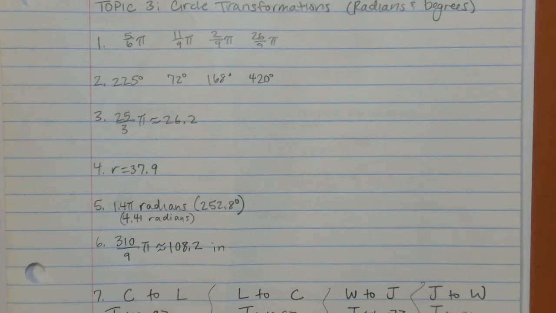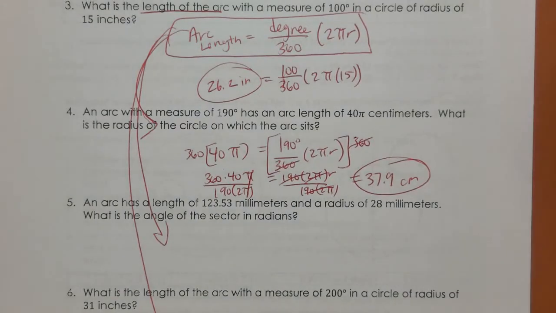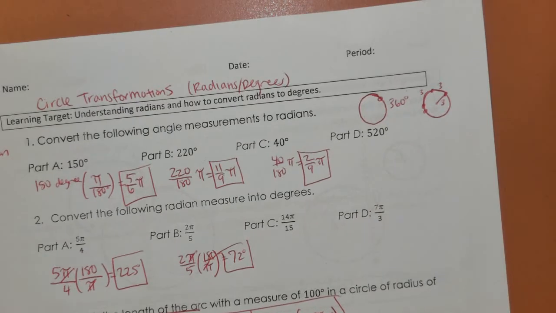You don't have to do any radians that difficult, so just do degrees. Alright. Okay, and then on the back, what we're doing is the transformations.